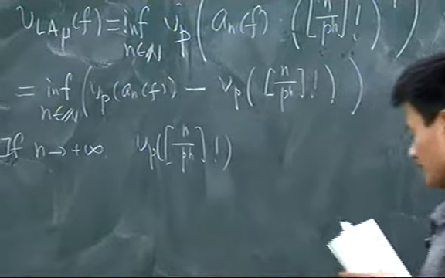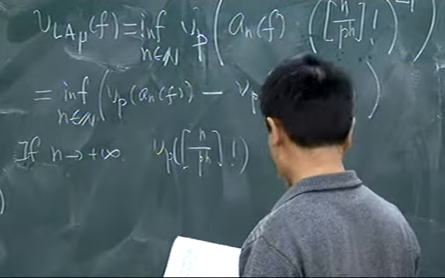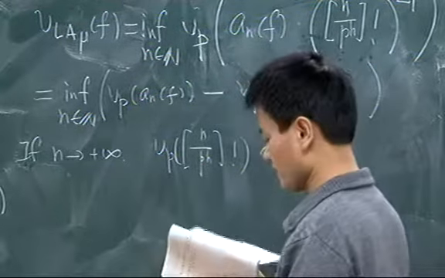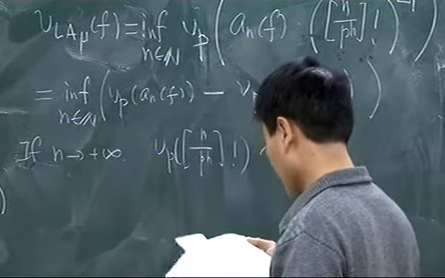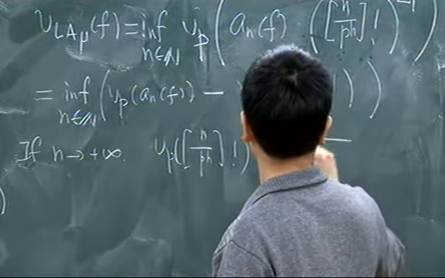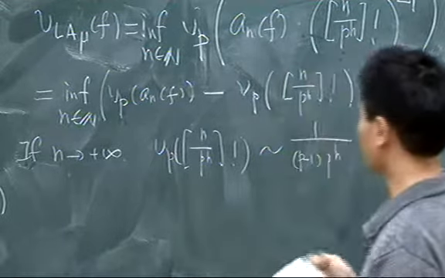This is what? This is about, you can check it. Yeah, 1 over p minus 1 to the pH is about this.